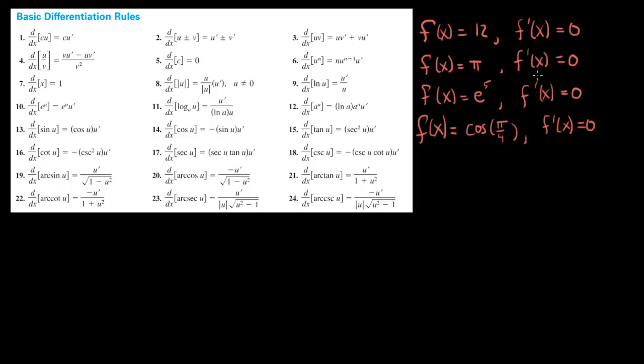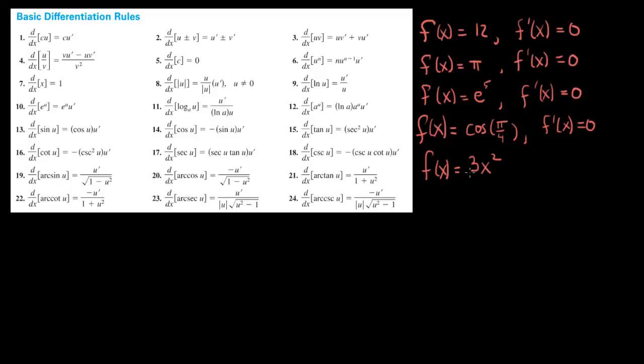Okay? Let's go a little bit harder. Let's see. What about f of x equal to, let's do a power function, or a power of x. 3x squared. Now, there's a few things going on here. We have a constant multiple, a constant times x squared.